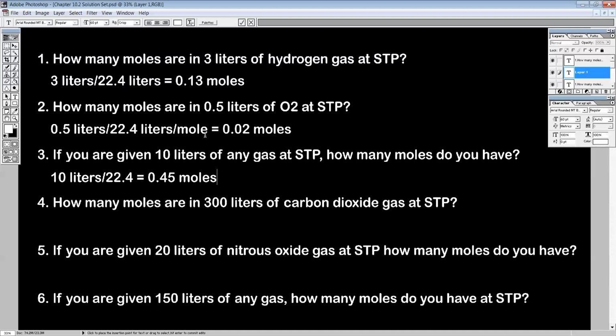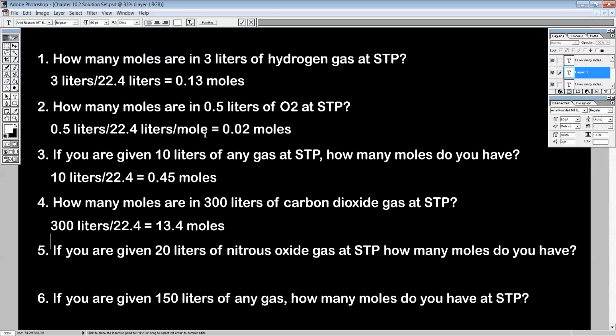Take what you're given in the problem, your constant's 22.4 liters per mole, and away you go. All right, how many moles do we have in 300 liters? 300 liters divided by 22.4 liters per mole of carbon dioxide, and our answer is 13.4 moles.